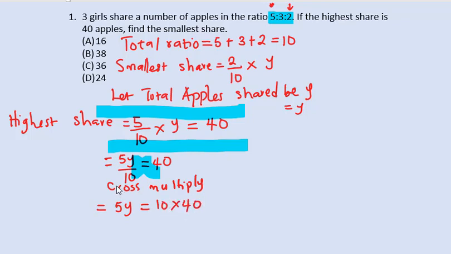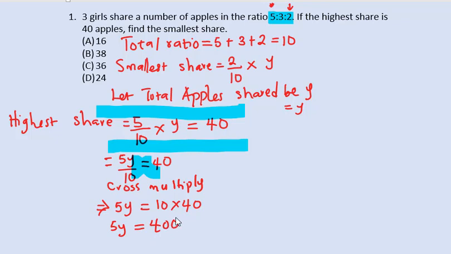Okay, you can actually do this in a couple of ways. You can say 5y multiplied by 1, which is over 1. Every number is divided by 1, it doesn't change anything, but leaving it as 5y doesn't change anything as well. Okay, from here you have that 5y is equal to 10 times 40, which is 400, right?